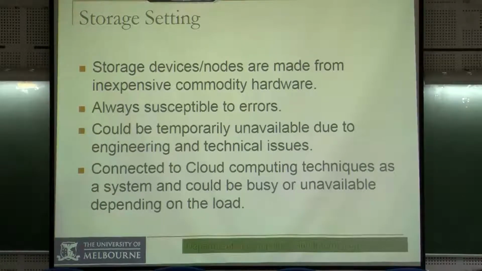There are many other things that could happen, so I'm keeping this third point quite wide open. A node could be temporarily unavailable, maybe because of engineering and technical issues, but it might become available after some time. So during the time when it is required, what has to be done? Those are the issues we need to look at in the storage setting.